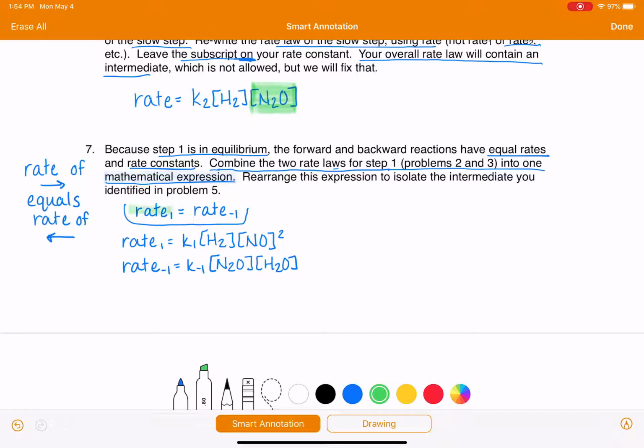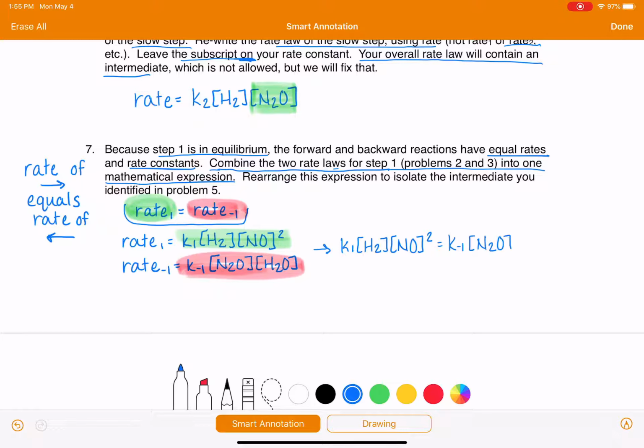We're going to be using this equality here. Instead of writing rate 1, we're going to write this term. And instead of writing rate -1, we're going to write this term. So we're going to get K1 H2NO squared is equal to K-1 N2O H2O.